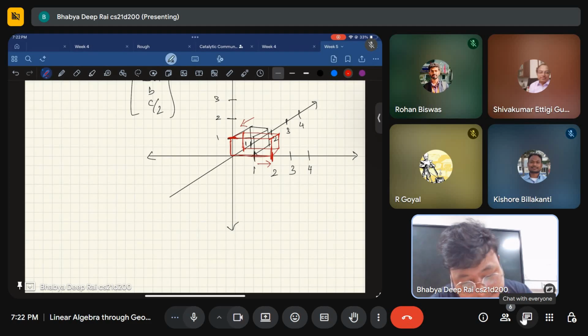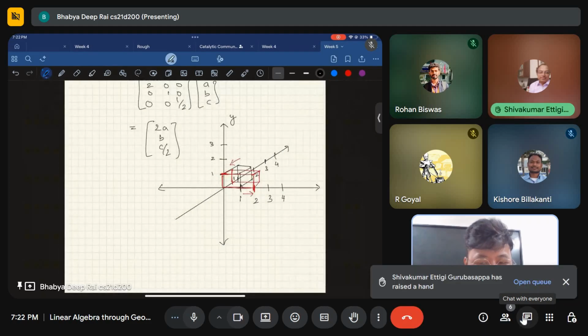This is the geometric version of it. That means the new volume is a rectangular cube, a cuboid.